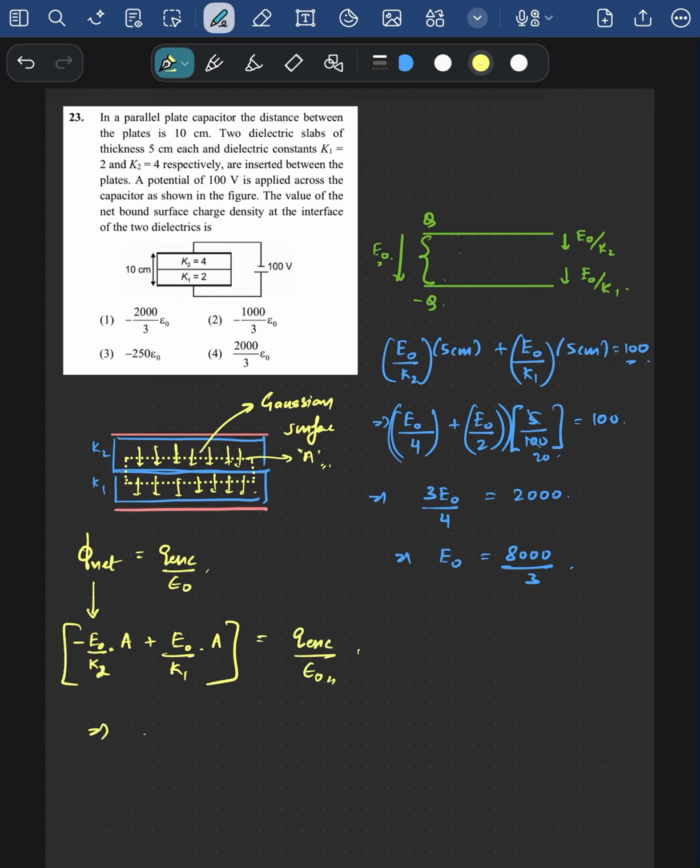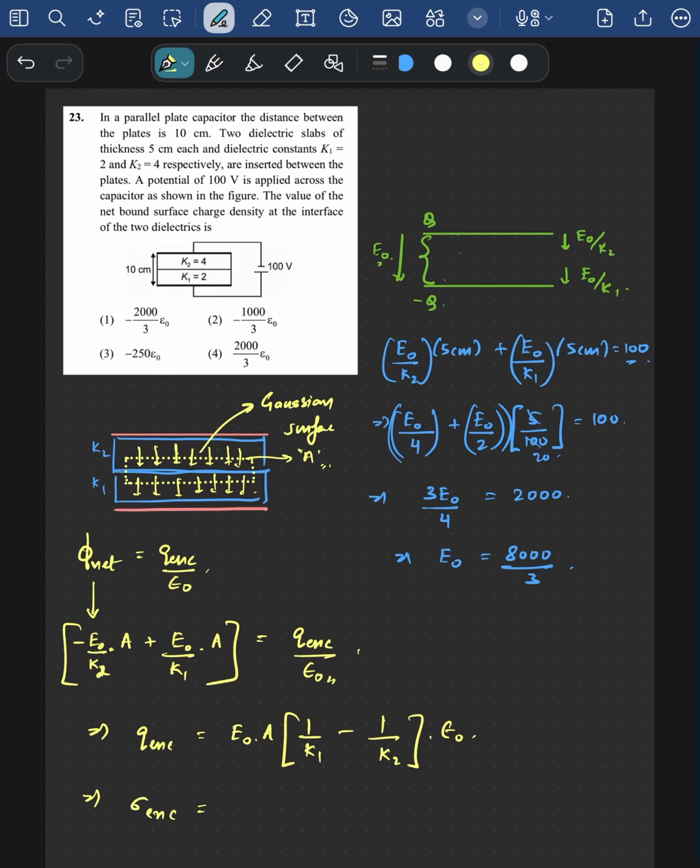So what will our charge enclosed value be equal to? Let me take E naught common. It will be E naught A of 1 by K1 minus 1 by K2 into epsilon naught, right? And what we actually need is surface charge density. So what we actually need is sigma enclosed.